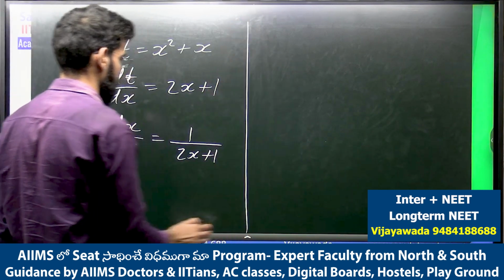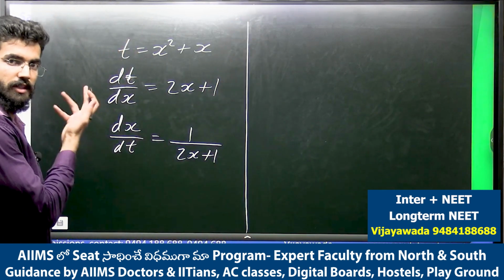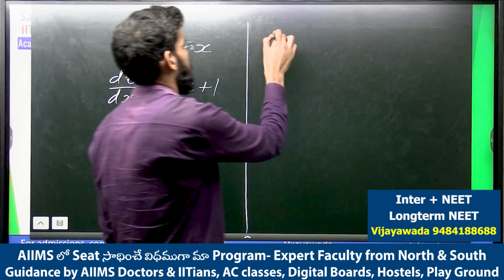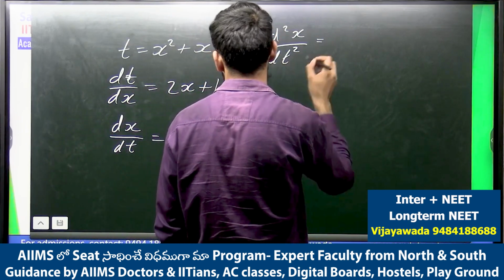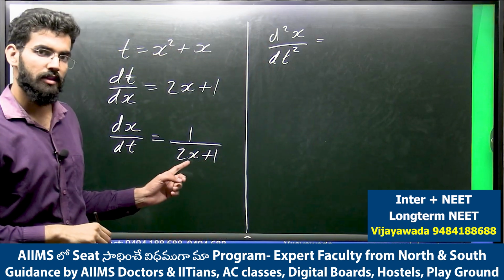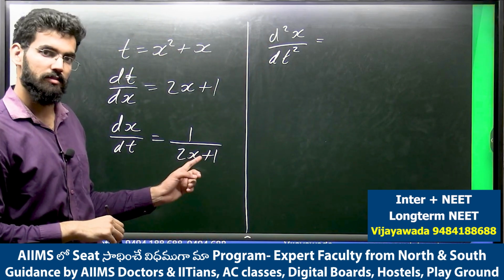Now going for acceleration. How will you find it? Differentiation, right? So differentiate this. d2x by dt square is the acceleration. How will I differentiate? It is 1 by x form.